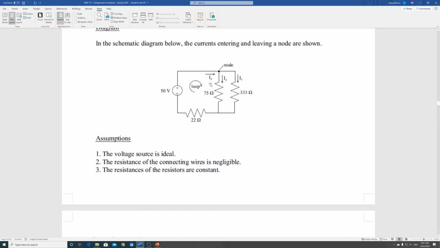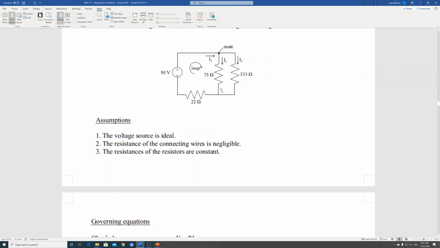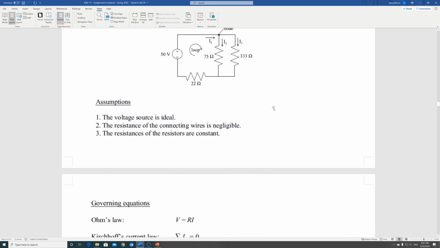One of the things you're going to recognize here is that the 75 ohm and the 333 ohm resistors both share the same two nodes, the node up here and the node down here. Since that's the case, the voltages will be the same across both of these. It's just like two parallel resistors: if they share the same nodes, they're in parallel, which means the voltage drops across the two are the same.